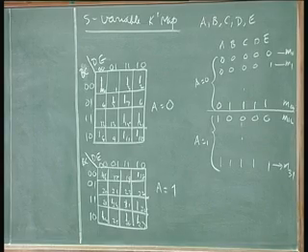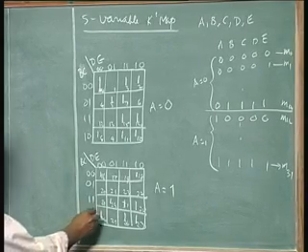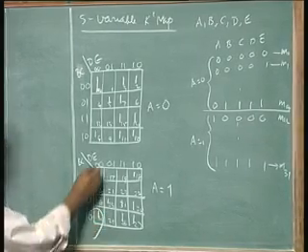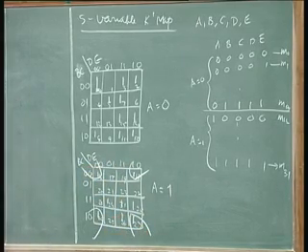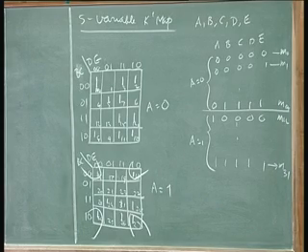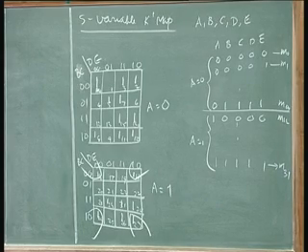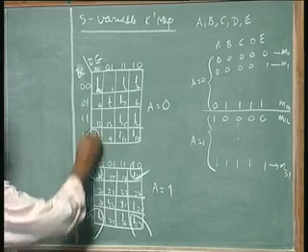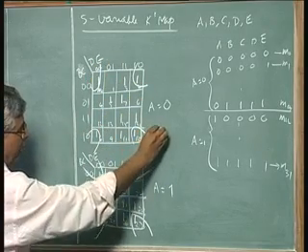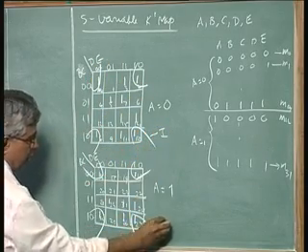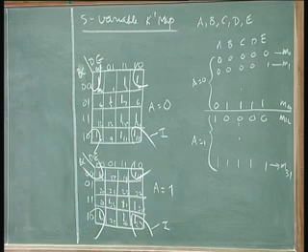Now, these 4 ones, which we called essential prime implicant 1, will appear here also in both the maps. So this I will call 1, and these two together are 1.